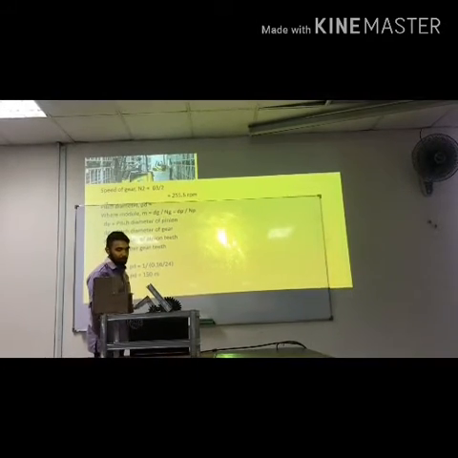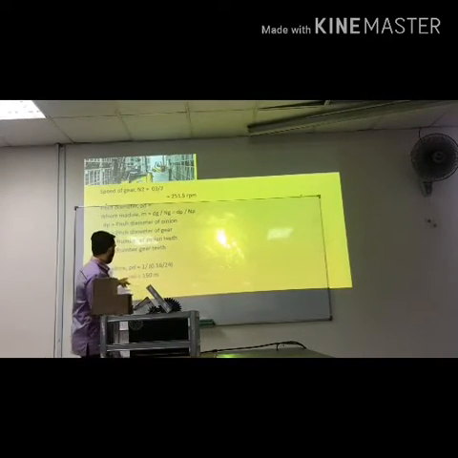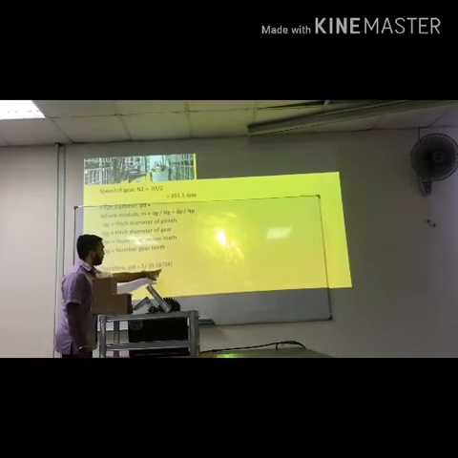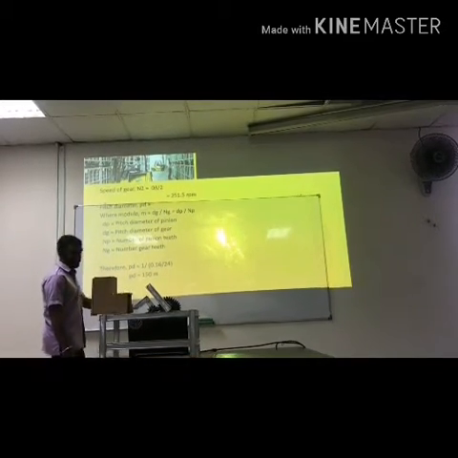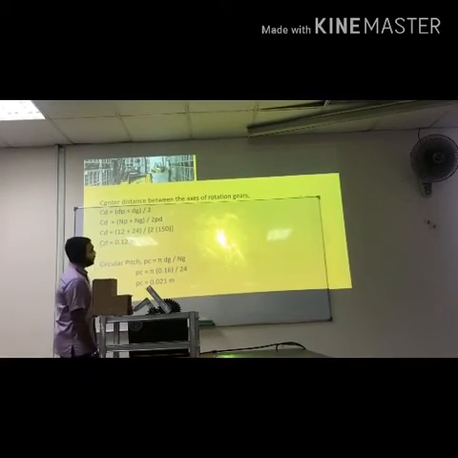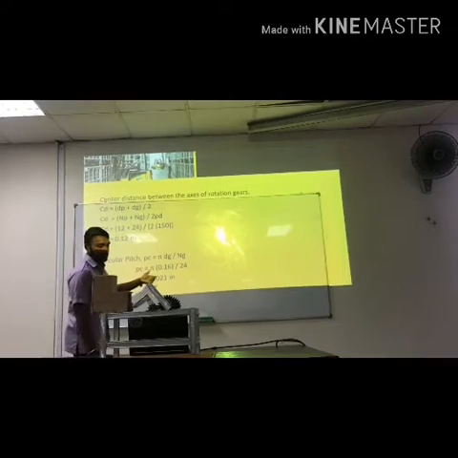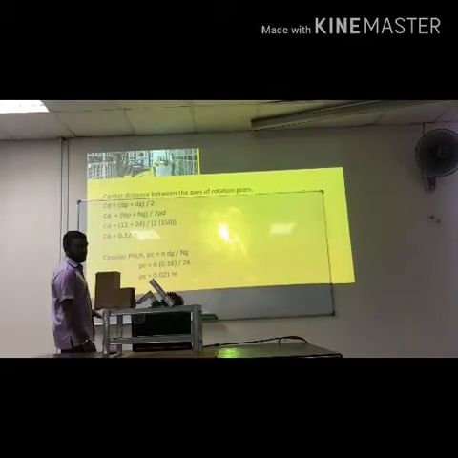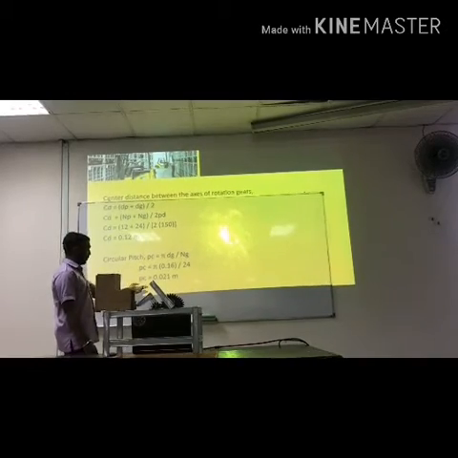So the pitch diameter is equal to 1 divided by 0.16 over 24, which is 150 meter. Then the center distance between the axes of rotation of the gears is 0.12 meter, and the circular pitch is 0.021 meter.